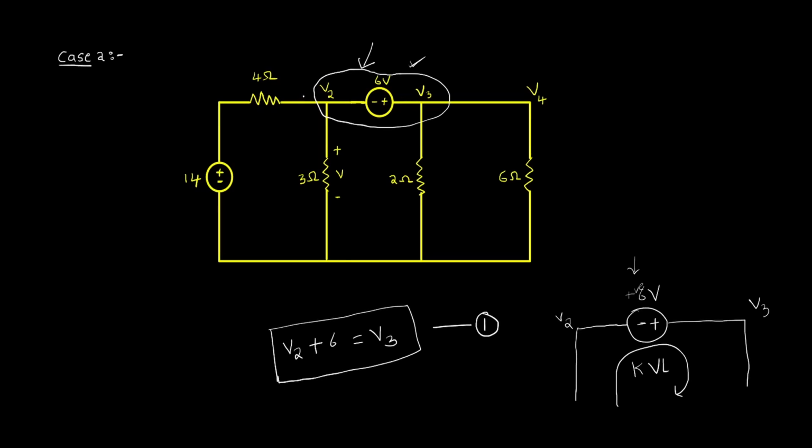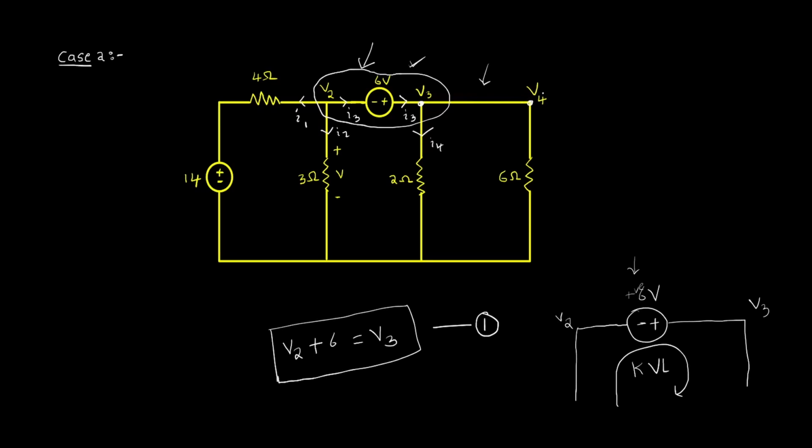So let us identify the currents in the circuit. Let us consider this as I1, this as I2, and this as I3. As the current I3 is entering from V2 towards V3, there will be no change in the current in the series connection. So this will be I3, and let us consider this as I4. Here we can observe that there is no component connected between this junction and this junction, which means that both are at the same potential, that is, these are the same junctions.